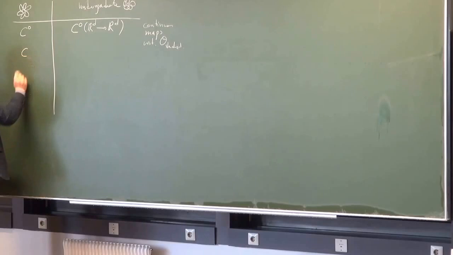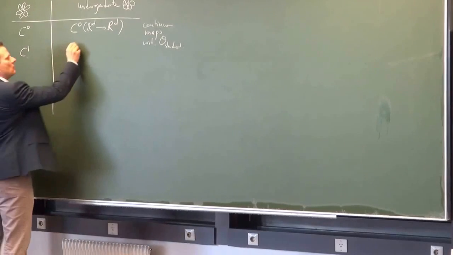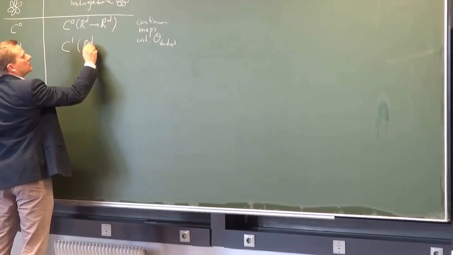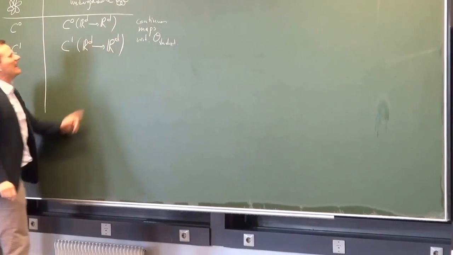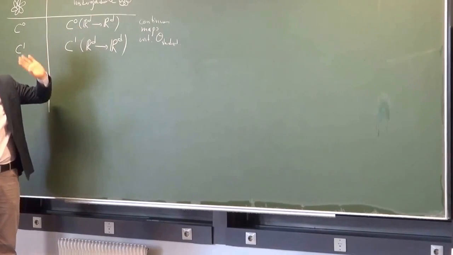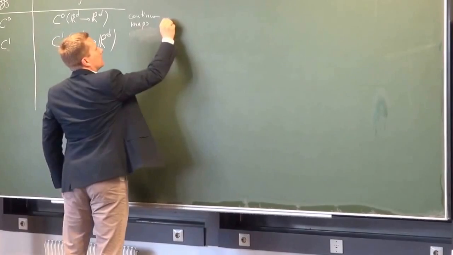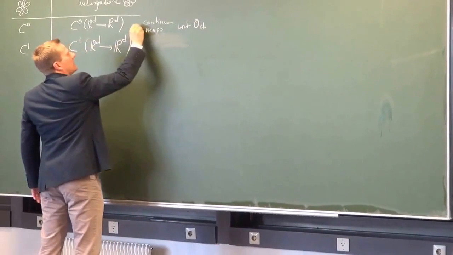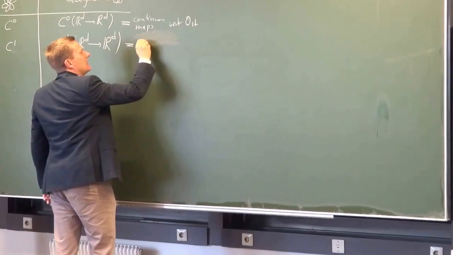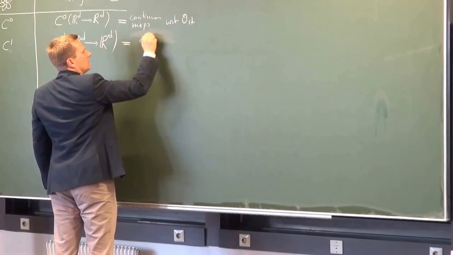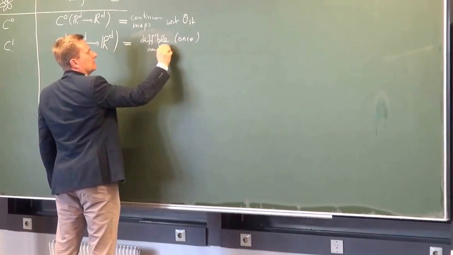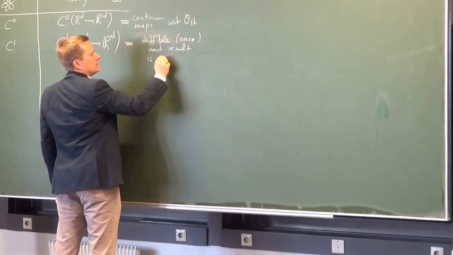Now you can ask, is the atlas C1? What is C1? C1 would be this. What is C1 compatible? Well, it would be that the transition maps, as maps from here to here, I mean, strictly speaking, from where they are defined to where they're defined, right? Roughly speaking, with respect to the standard topology, these are the maps from R^D to R^D that are differentiable, namely once, and the result is continuous.